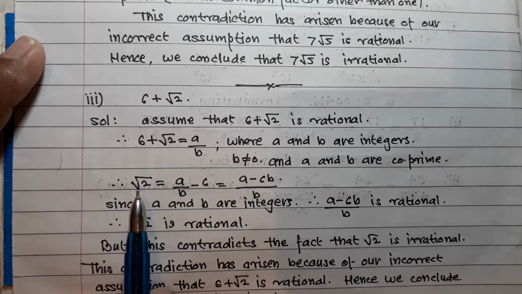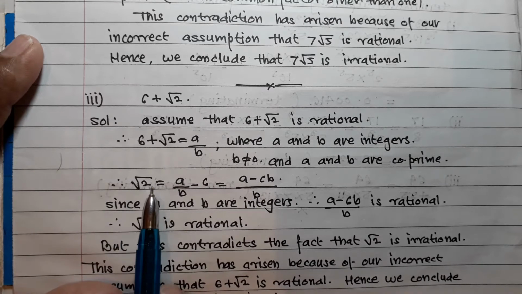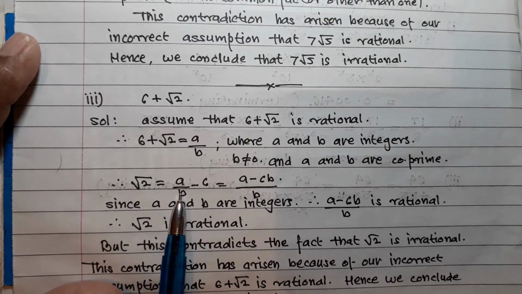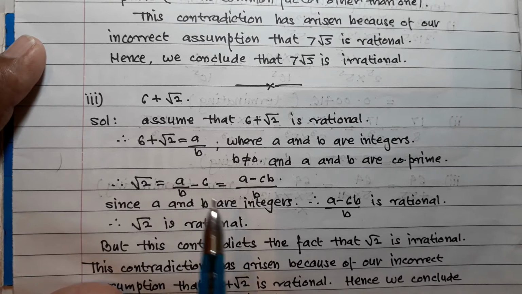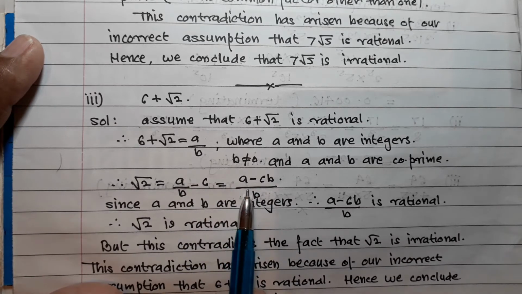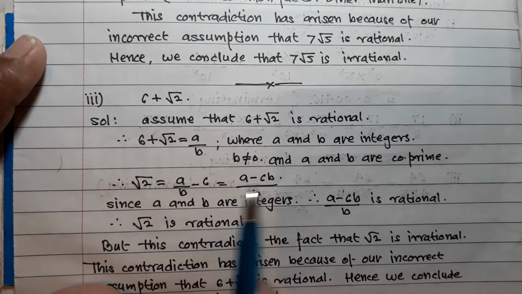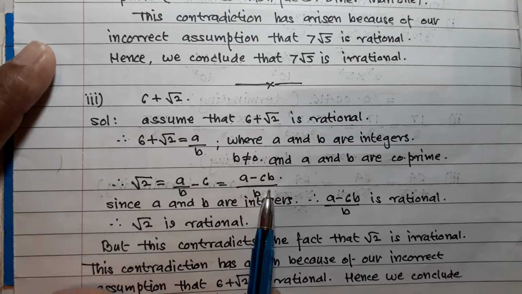And therefore root 2, this 6 you transfer on this side, so root 2 is equal to a upon b minus 6, equalize the denominator, is equal to a minus 6b upon b.